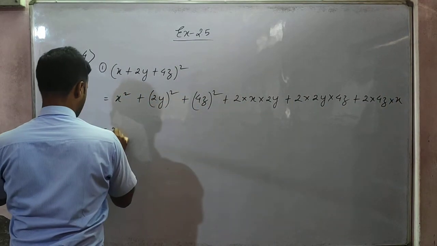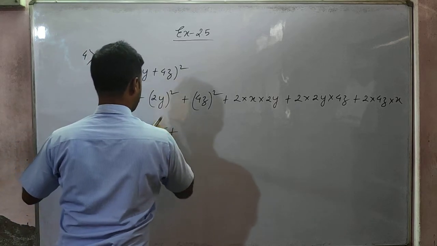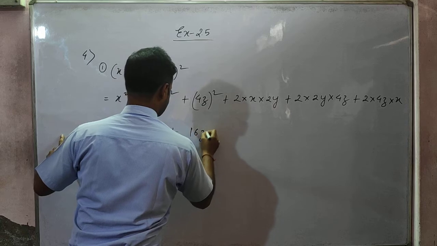So this will be x square plus 4y square plus 16z square.